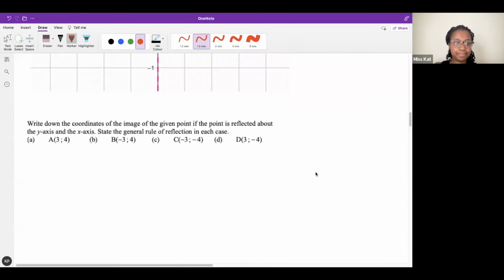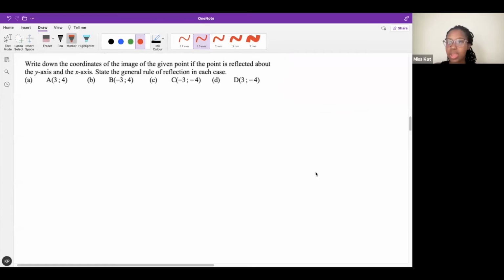Now, we have coordinates, okay? They say write down the image of these coordinates if they are reflected about the y-axis and the x-axis, okay? Don't mind the state, the general rule, we'll do it at the end. So now I actually think we should start with it.